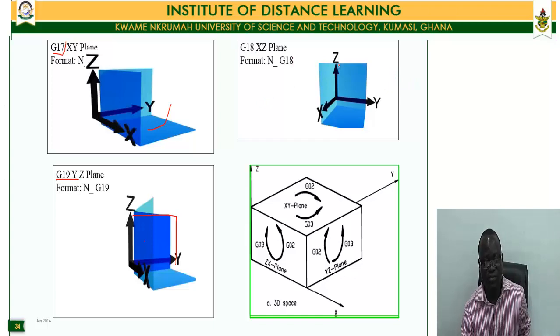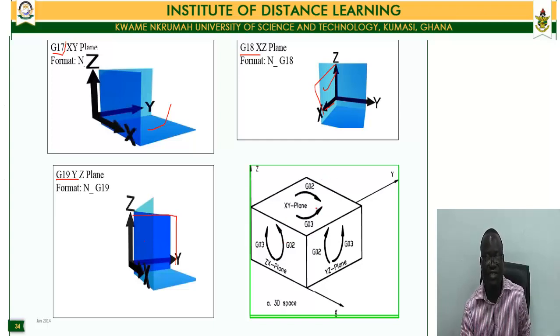Now, depending on the plane you select, or the plane you have oriented the workpiece for cutting, the G02 and G03 commands can have a different orientation. For instance, in the XY plane, G02 is clockwise interpolation and G03 is counterclockwise, which is fine. In the YZ plane, the same way, G02 is clockwise and G03 is counterclockwise.